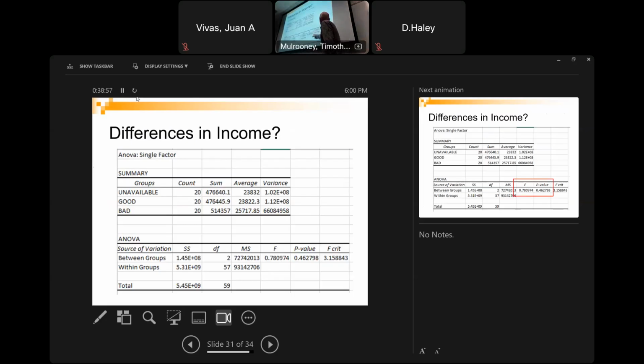And I can see a p-value of 0.46, and we can say, no, there's no difference. People might sit here and argue, well, I got 51,000 versus a 47,000. But remember, it takes into account the mean, variance, sample size in that equation. So there's no differences in income.